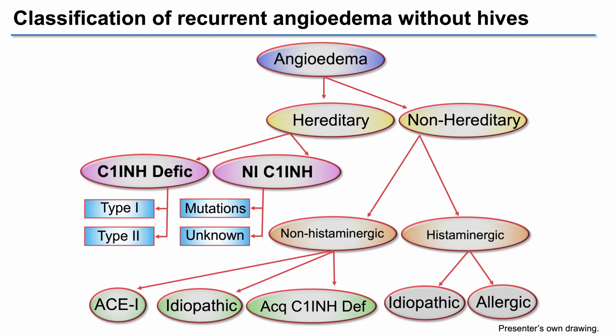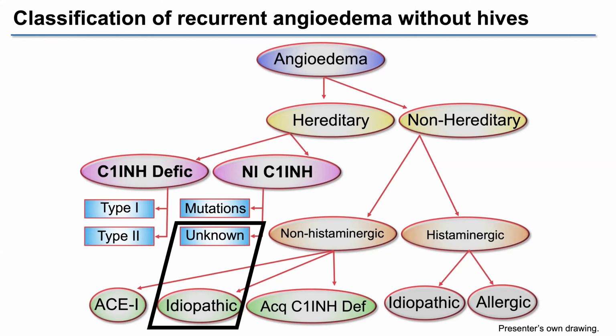The idiopathic non-histaminergic form is interesting and important in that it's not clear, for reasons that I'll mention in a second, that we can differentiate it from HAE with normal C1 inhibitor, unknown type.